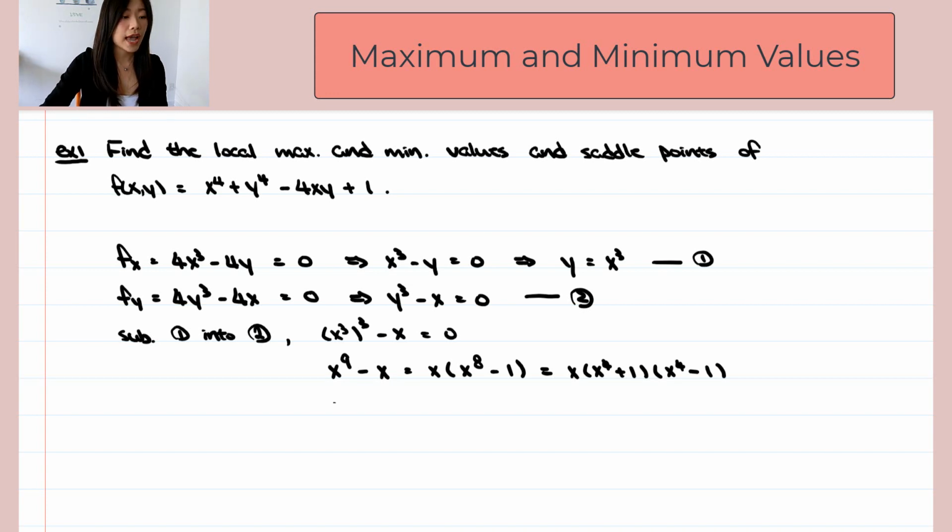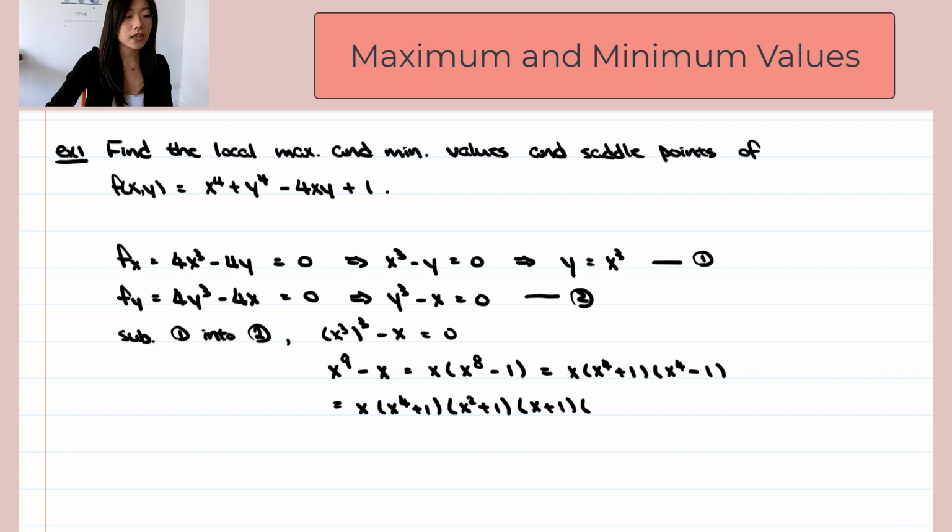So I can expand that as x times x to the power of 4 plus 1, then x squared plus 1 times x squared minus 1. And x squared minus 1 is again a difference of squares. So I rewrite that as x plus 1 times x minus 1. And this equals 0.